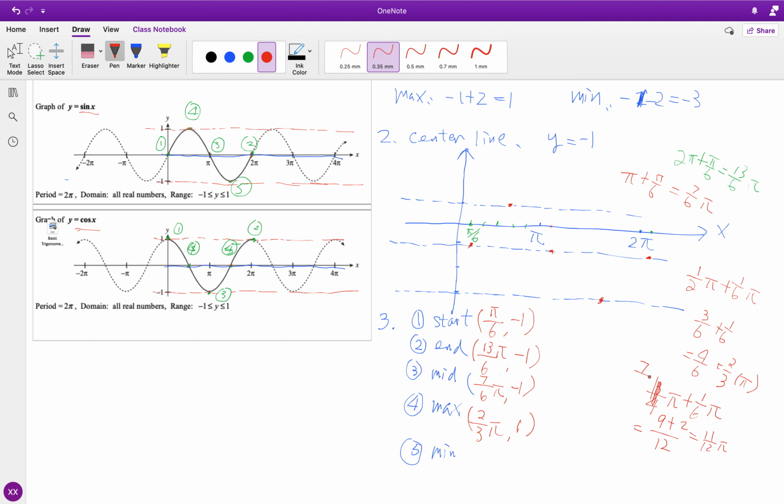This is already 7 over 6 pi. And then you add on 1 over 2 pi, because you add on another 3/4 pi. So in that case, this one is 5 over 3 pi, and then you got a minimum.